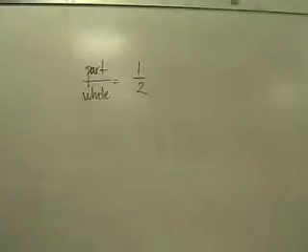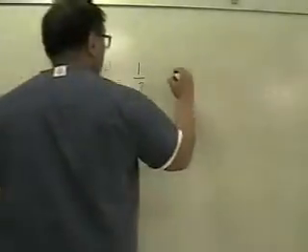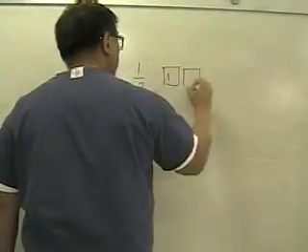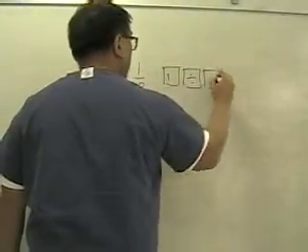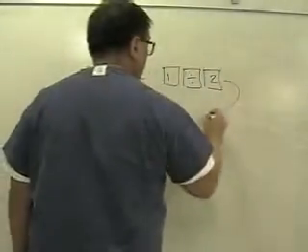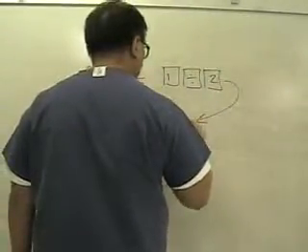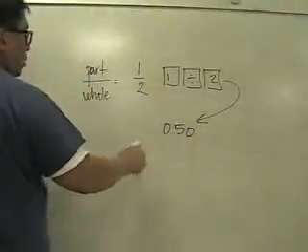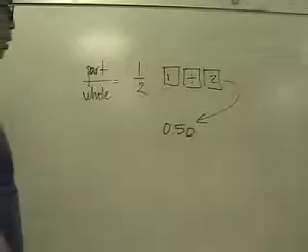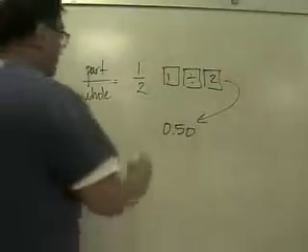Now, the easy way to do it is you just type in 1 divided by 2 in your calculator, and what will you get? You'll get a decimal, 0.50, which is 1/2. And if you think about it, 1 entire whole is 1.00.